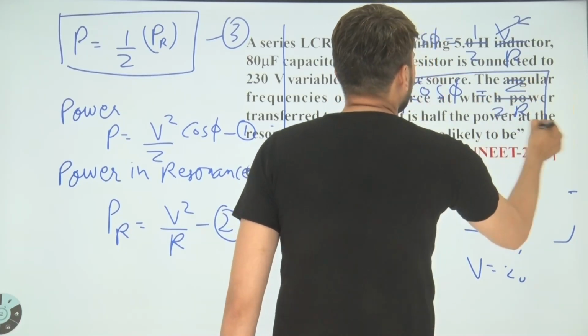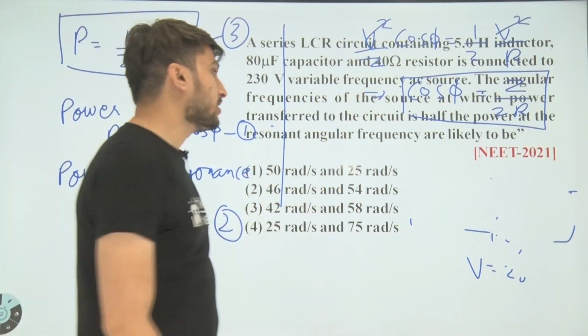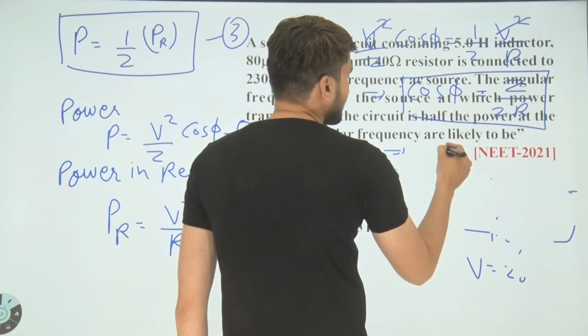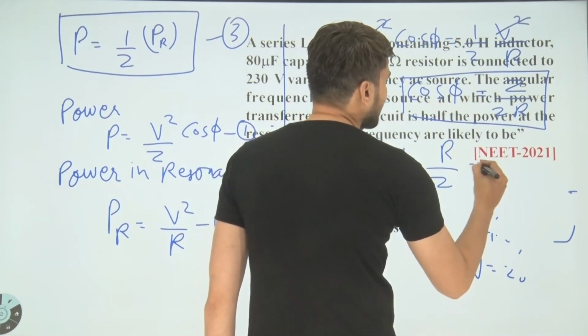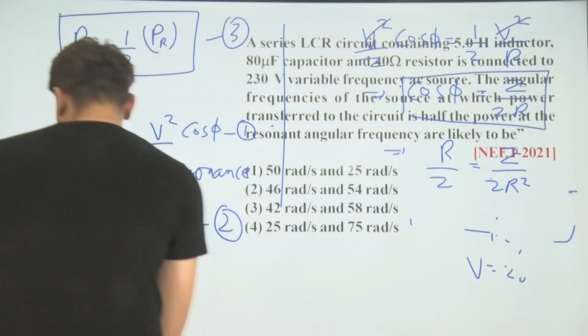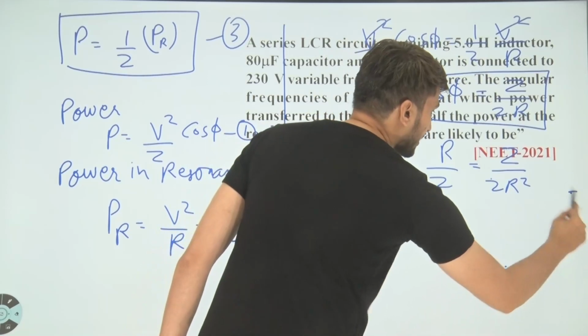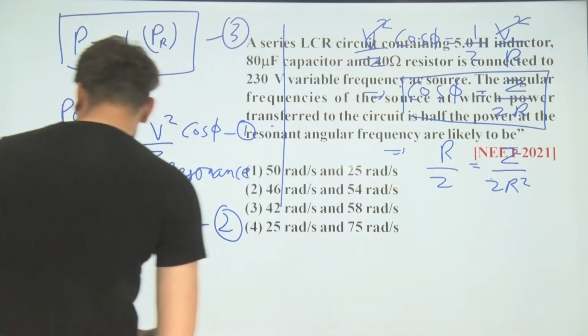And we know that power factor cos phi is equal to R by Z. So here we can say R by Z is equal to Z upon 2R.